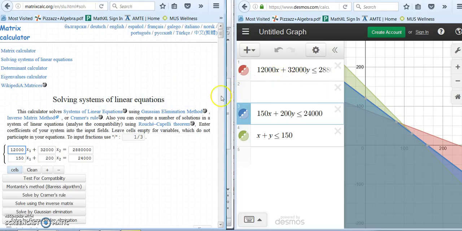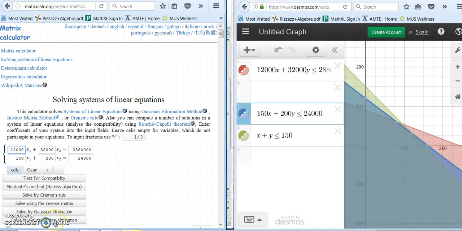So the red line is 12,000x plus 32,000y equals 288,000. And the blue line happens to be 150x plus 200y equals 24,000.